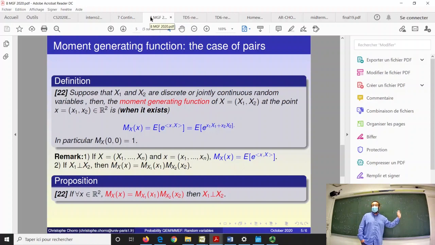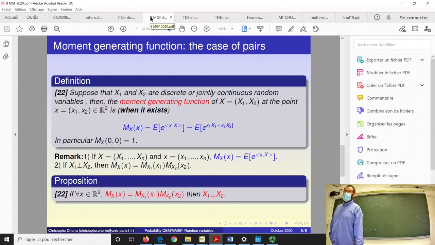Well, it's possible to do, but maybe not difficult. And you will see that in what we are going to call Gaussian vectors, it will be very easy. Okay? So of course there are situations where it's very easy to compute.